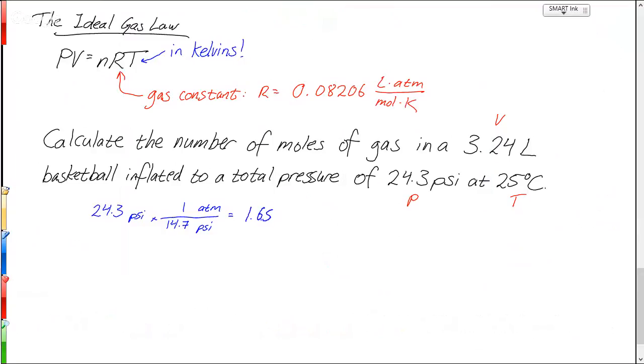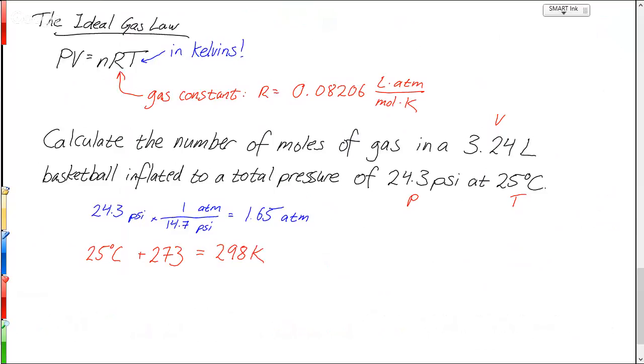That is 1.65 atmospheres. 25 degrees C plus 273 for Kelvin is 298 K.